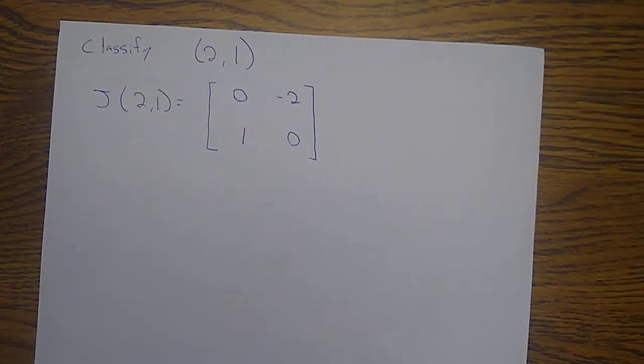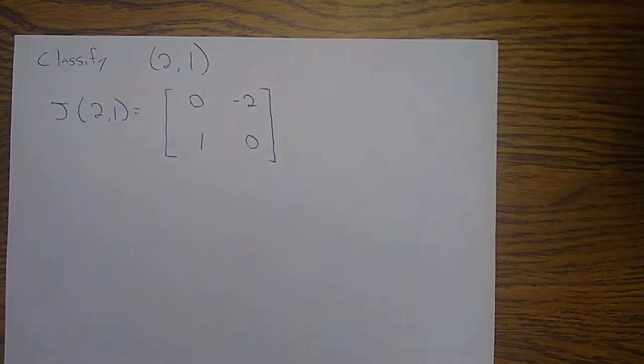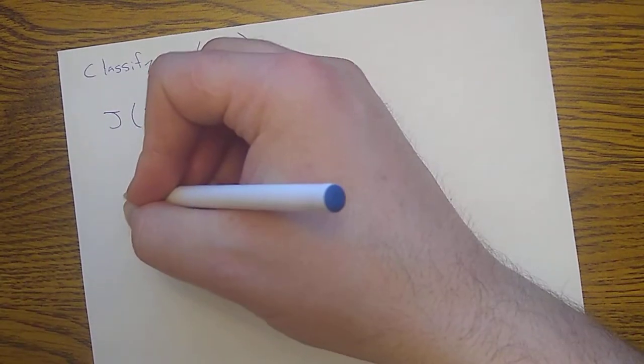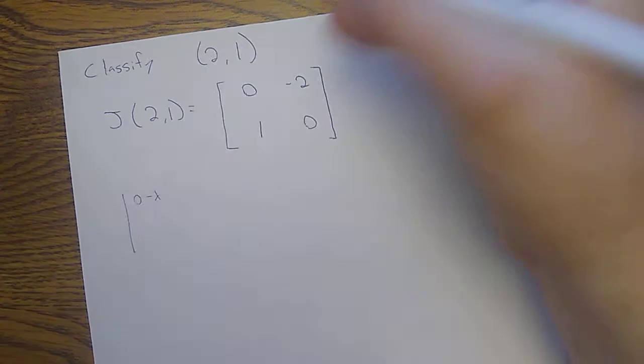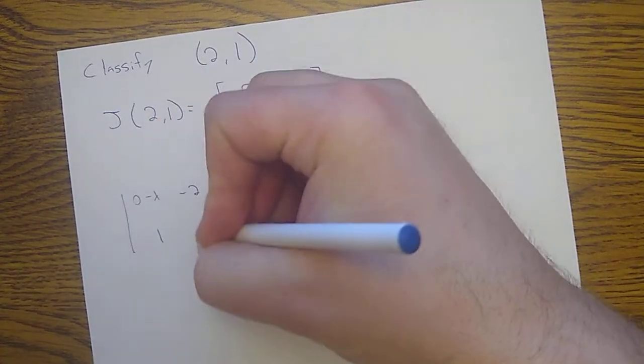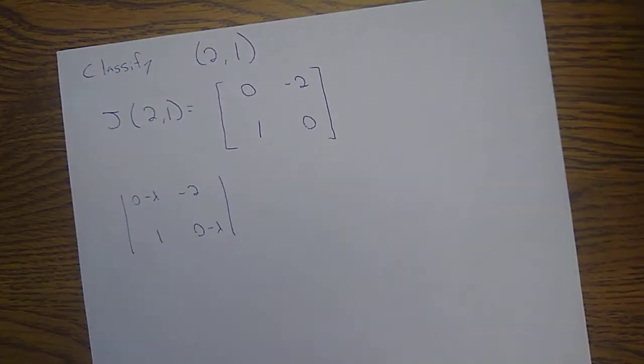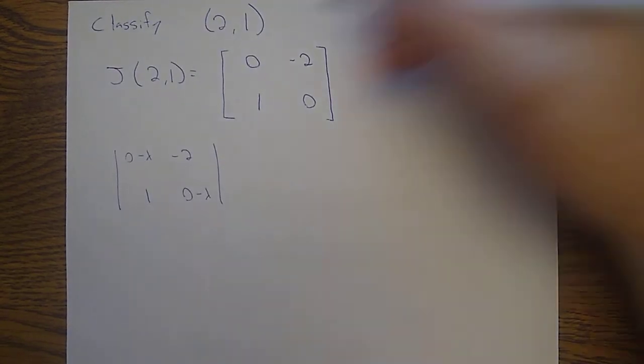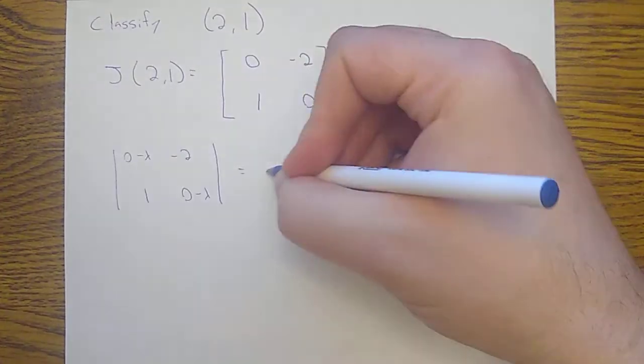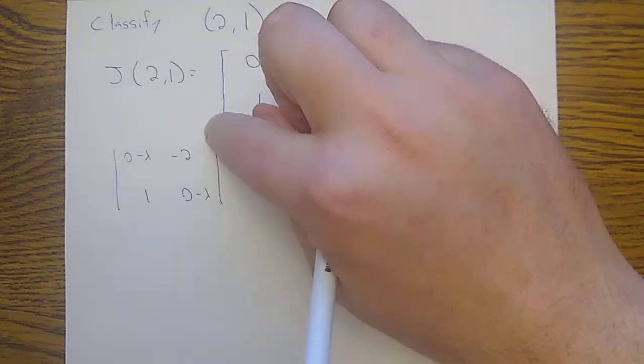And then now I'm just doing the eigenvalues of this one. I do that. This is just lambda squared plus 2.